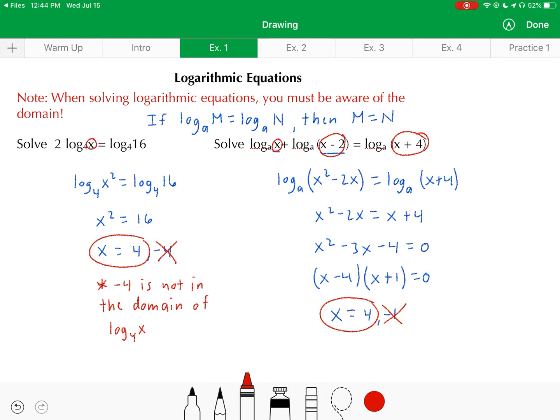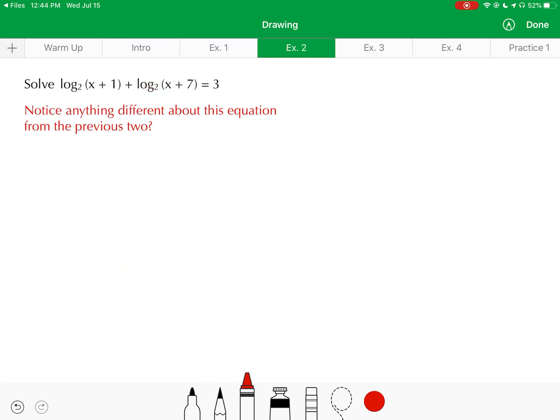All right, in our next example, that's another logarithmic equation, but kind of inspect that, and hopefully you're noticing something different about this from the last two equations. The difference is that the right side of the equation does not have a logarithm to it.